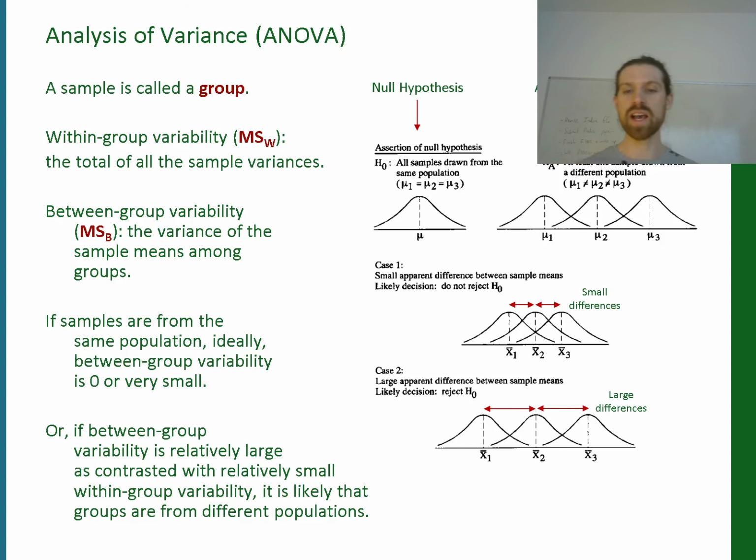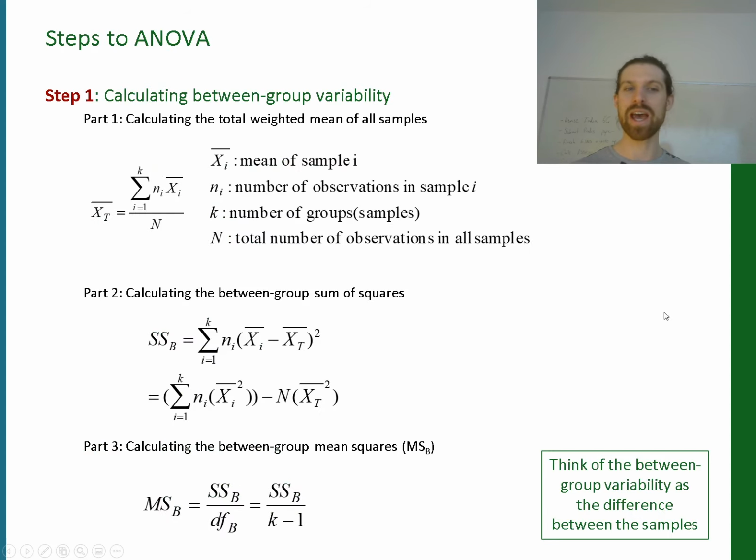So as a consequence, in that case, you would probably reject the null hypothesis because you'd expect that they came from different populations altogether, okay? Great. Hopefully that's helped you understand this graphically, and if not, then you can read more about this in the book or watch the video again.